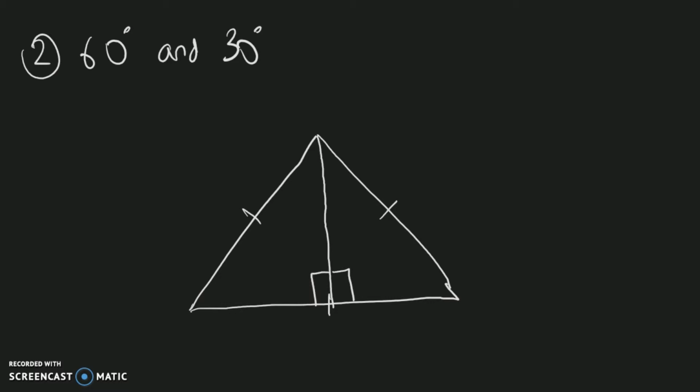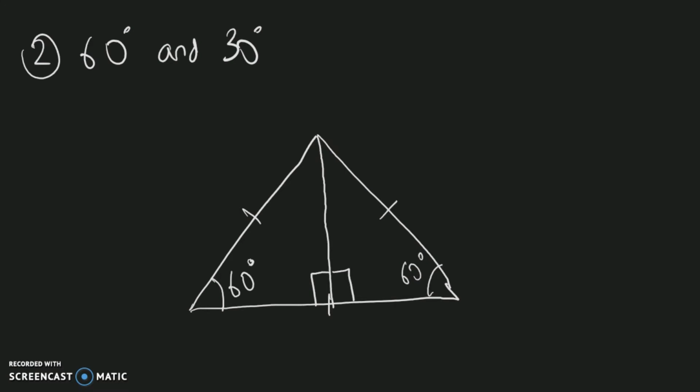In this right angle triangle, since this is 90 degrees, this becomes 60 degrees. All sides in an equilateral triangle are the same length, and therefore all angles are the same. 180 degrees divided by 3 is 60 degrees, so all three angles are 60 degrees.